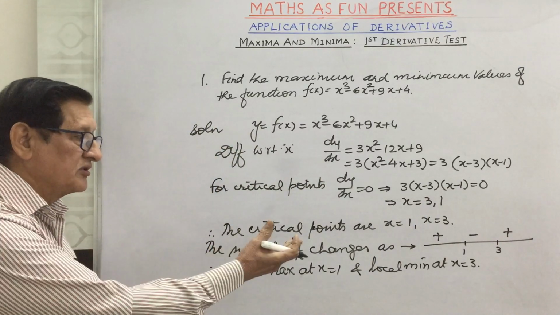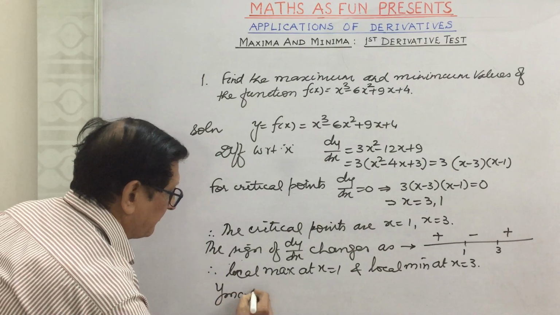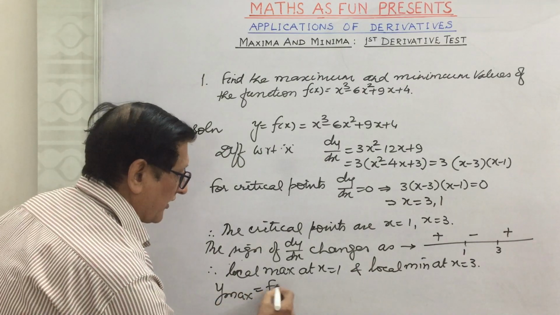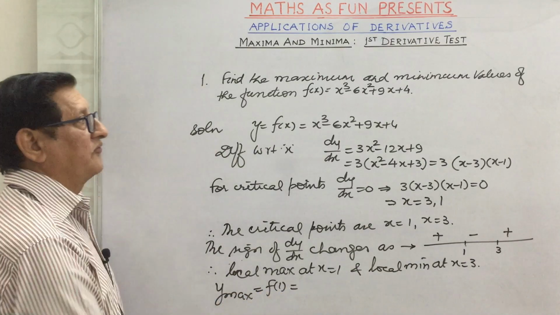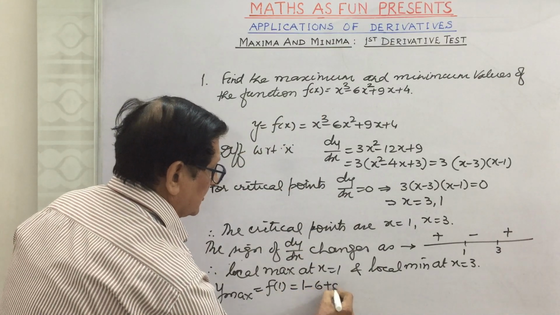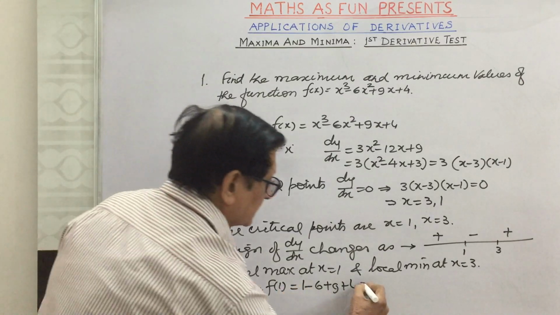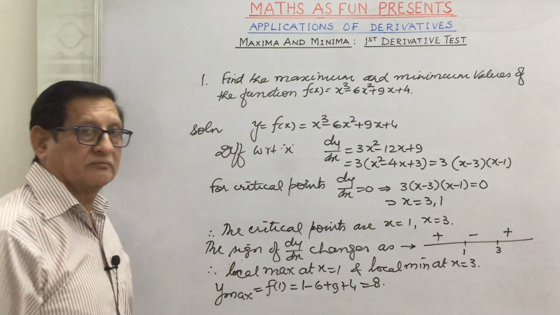And now we can find out these values. So we can write y maximum is equal to f(1). If we substitute the value 1 here, this will be 1 minus 6 plus 9 plus 4, it is 14 minus 6, that is 8.